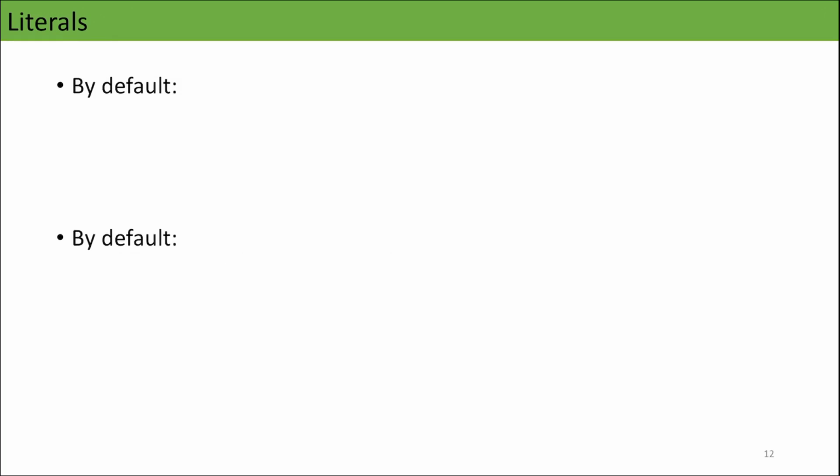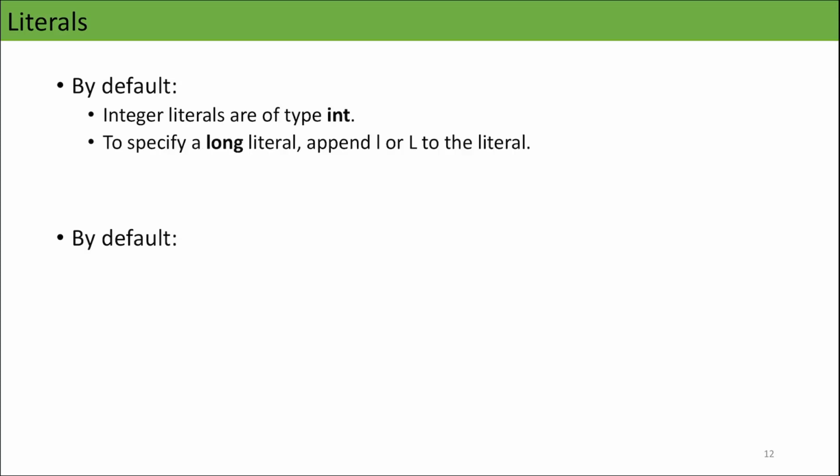By default, and this is important, you need to remember that integer literals are of type int. For example, if I say x equal 50, the 50 by default is an integer, unless I want to force it to be something different. So integer literals are of type int.